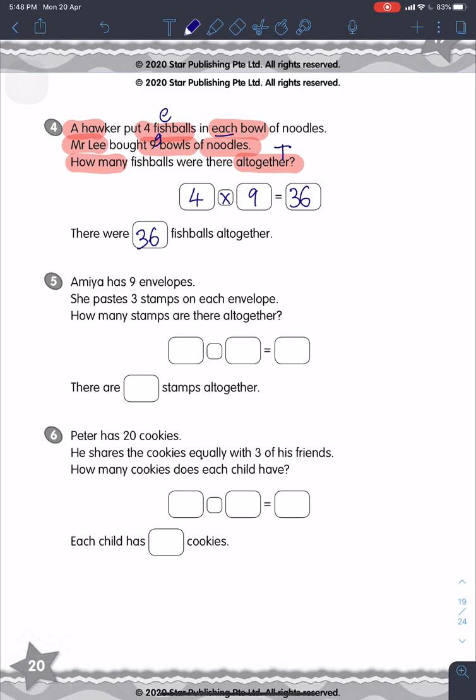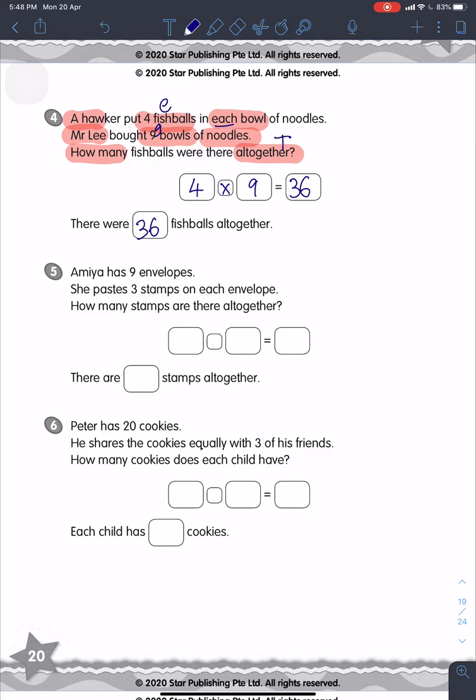together. Question 5. Amia has 9 envelopes. She pasted 3 stamps on each envelope. How many stamps are there all together? So, looking at GET again, Amia has 9 envelopes, which talks about the groups because there's 9 groups.